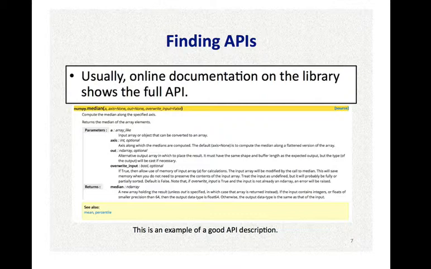The rest of it is defined here, and obviously very key, what does it return? It returns the median value. Okay, this is what you should always look for in a library, and this is what you should always prepare for yourself if you want to share your code. Okay, that's pretty much it on API.